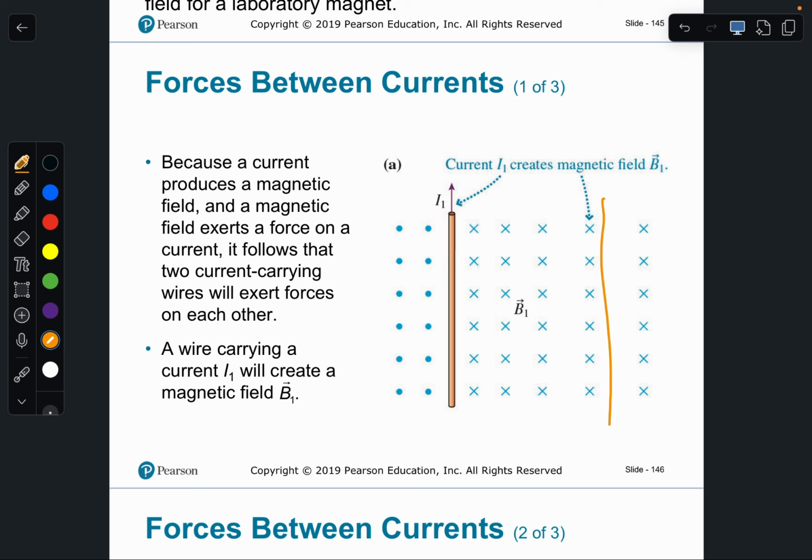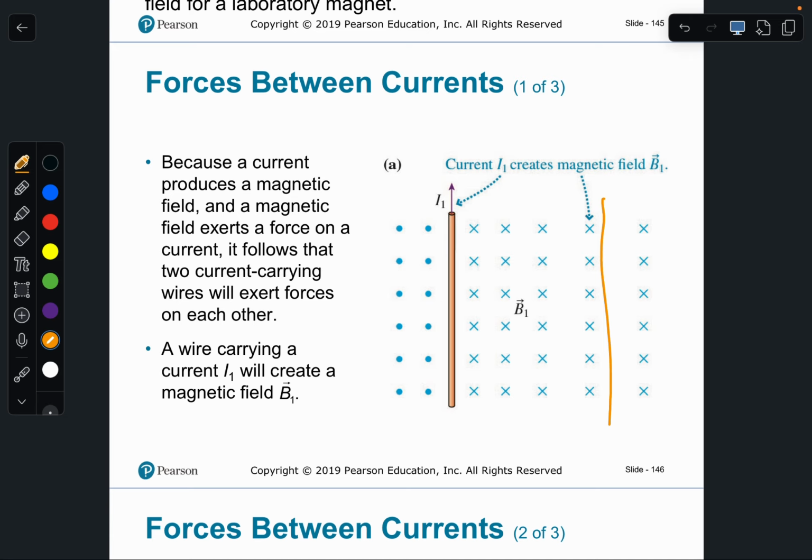Let's see if I can line this up. Okay, what we're looking at are the two yellow wires, and one of the black ones in the back.